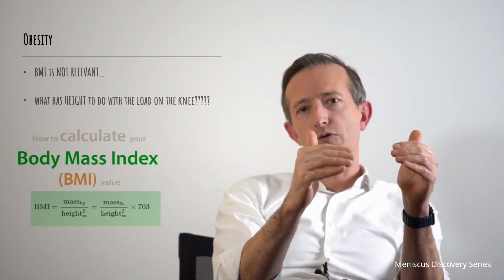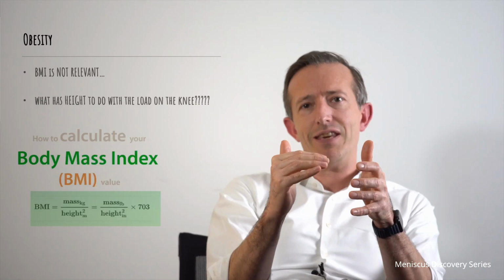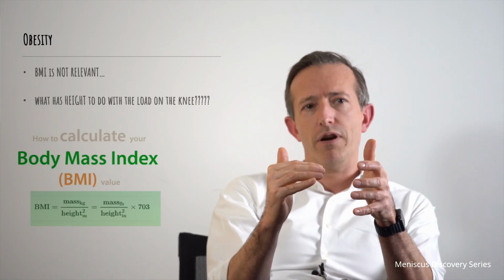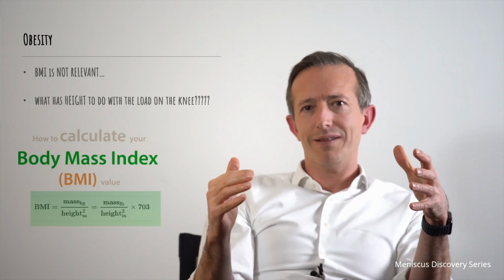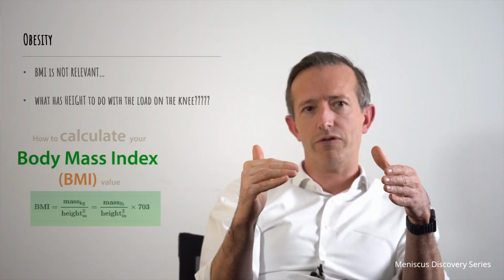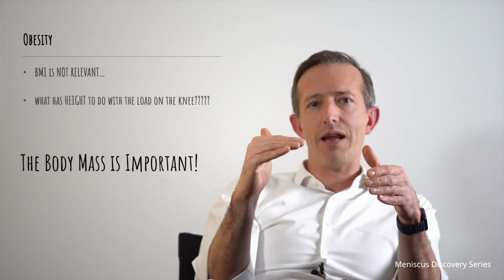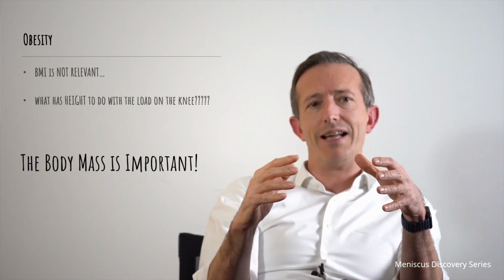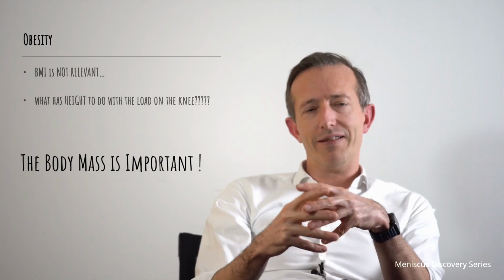So if you weigh 100 kilos and you have a very small knee, the pressure in that knee is huge. However, if you're 100 kilos and you're a tall guy with big knee joints, then basically the pressure in that knee joint is normal. So the size of the knee is a very important part in that body mass on size index. And that's what we discovered recently.